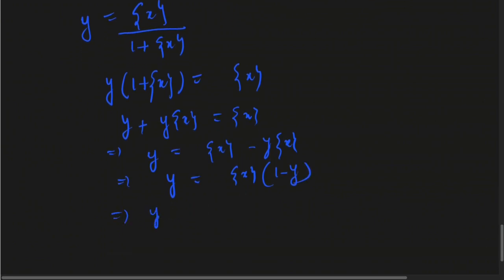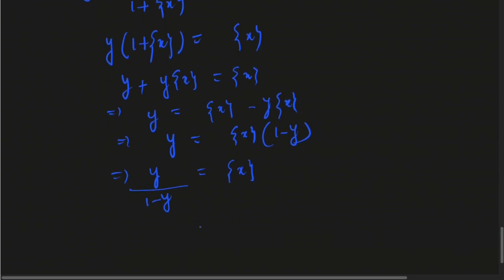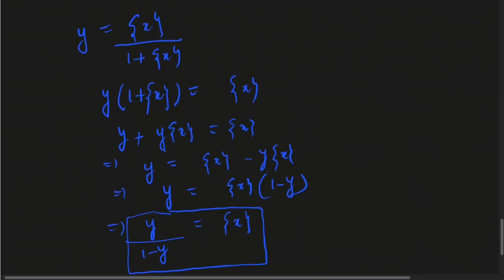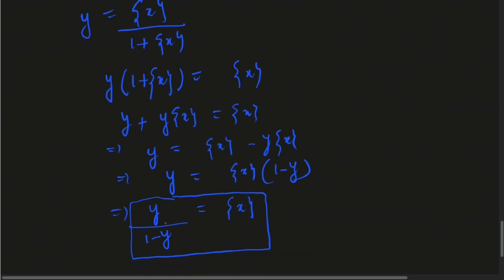This gives us y upon 1 minus y equals the fractional part of x. So this is what we got. We have got the fractional part of x in terms of y. This is what we need to do in this method: if a function y is given in terms of x, we find x in terms of y. So we have found x in terms of y.